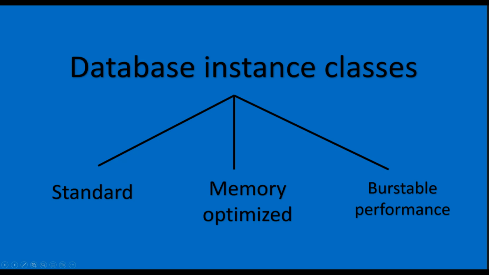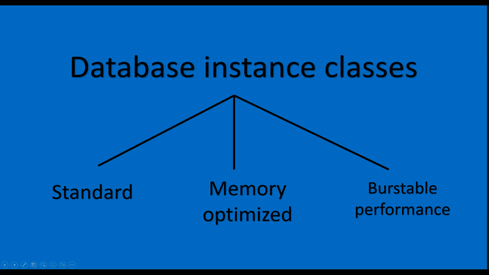So we have standard, memory optimized, and finally burstable performance. Standard instance classes meet the needs of most databases. The latest generation instance class is db.m5, which provides up to 384 gig of memory, 96 virtual CPUs, 25 gigabits per second of network bandwidth, and 19,000 megabits per second of disk throughput.